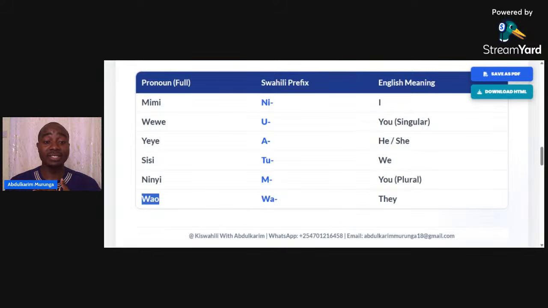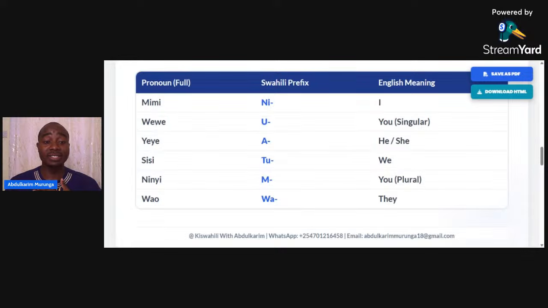What about these subjects? These subjects, the pronouns, are represented by different markers in Swahili. For instance, Mimi is represented by ni. Wewe is u.